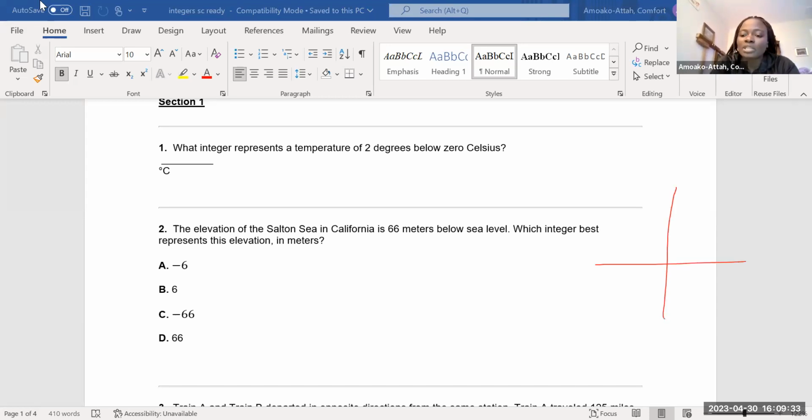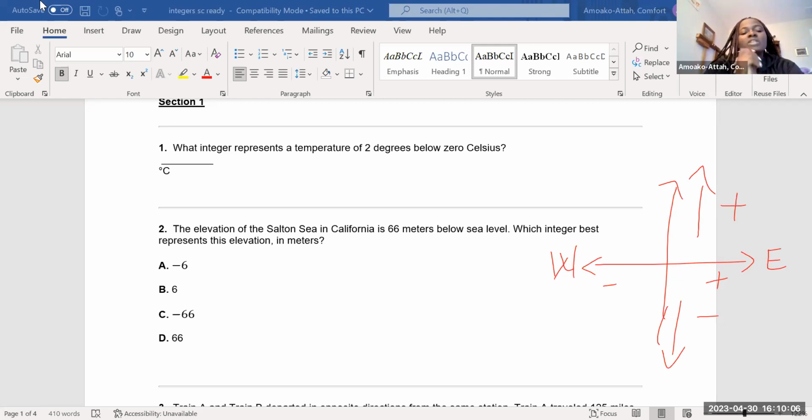Let's picture a coordinate plane. As you move up, there are positive values. As you move down, negative values. As we move to the east, positive values. And as we move to the west, negative values, right? We are going to use the same approach in solving problems on integers.